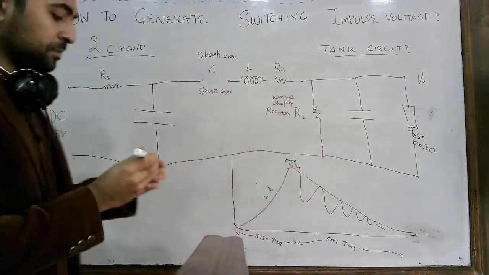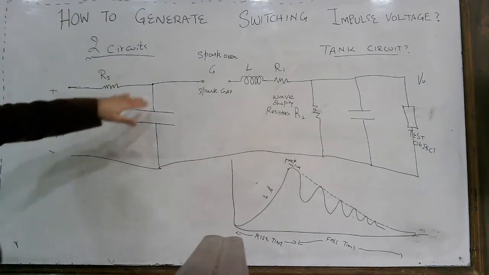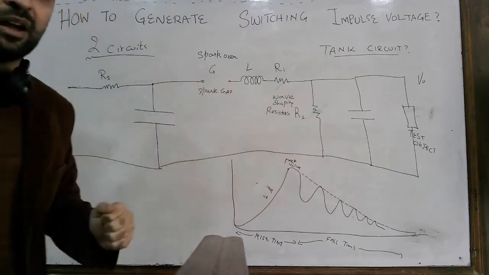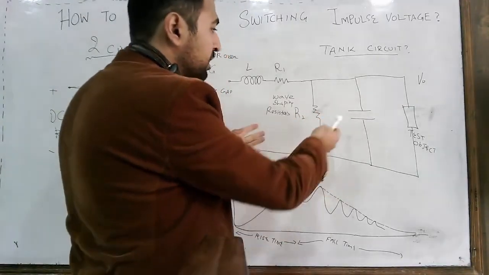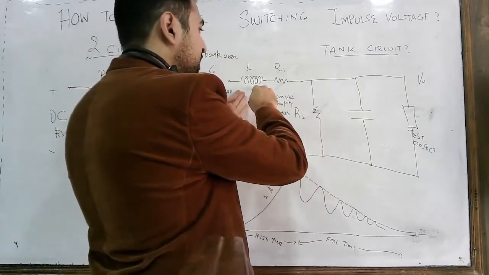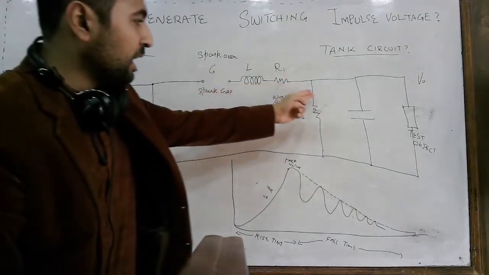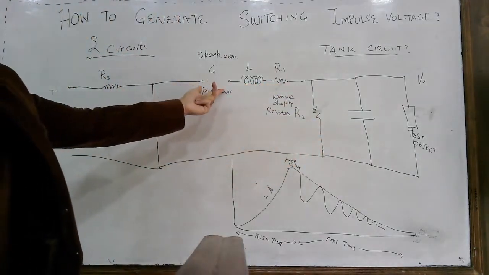Now what happens? Once this capacitor gets charged, there is a spark over across this spark gap, and we get the peak voltage here. But since there is an inductor and capacitor, what happens? Again this spark gap breaks down.